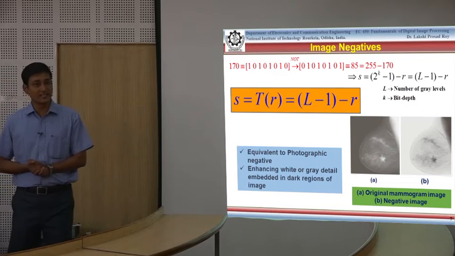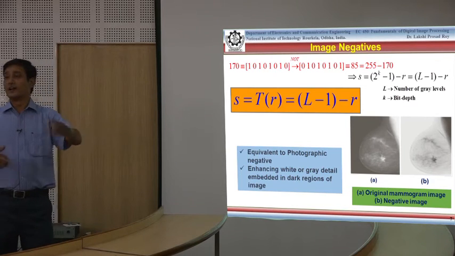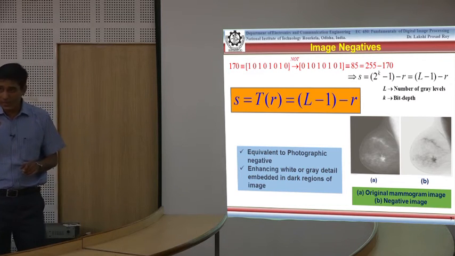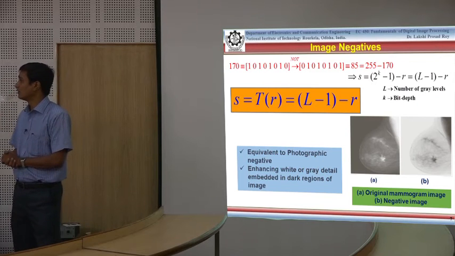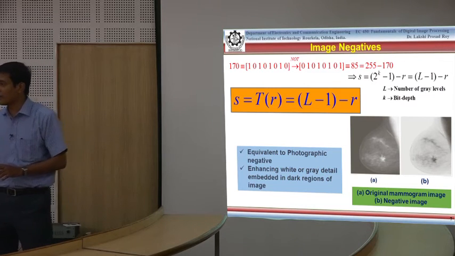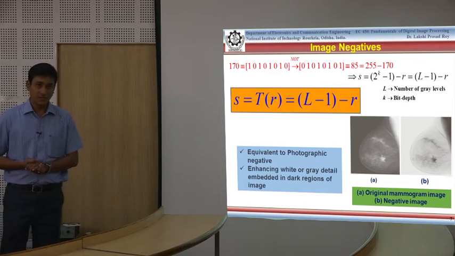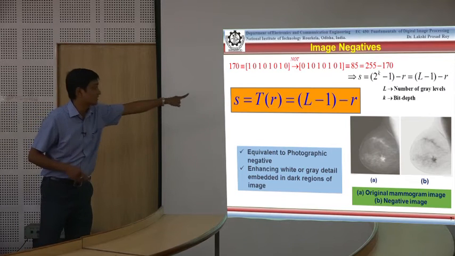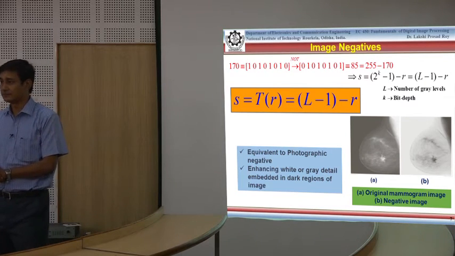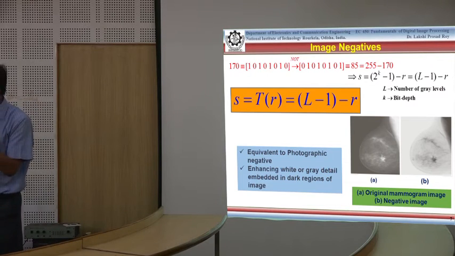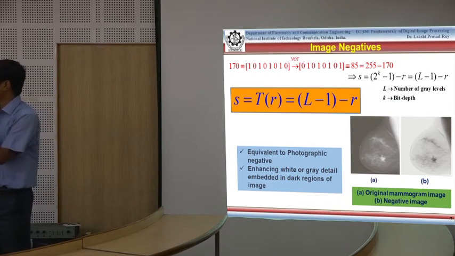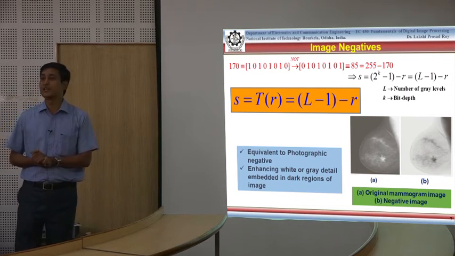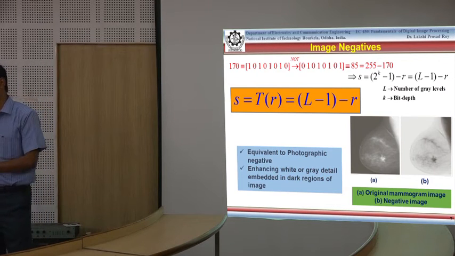That operation is nothing but the operation through which the TR function we defined in the earlier graph, which was going from 0 to L minus 1 and from L minus 1 to 0, that curvature. So, that is the image negative transformation, that is nothing but S equals L minus 1 minus R, and this function TR is called the image negative transformation function, capital TR.